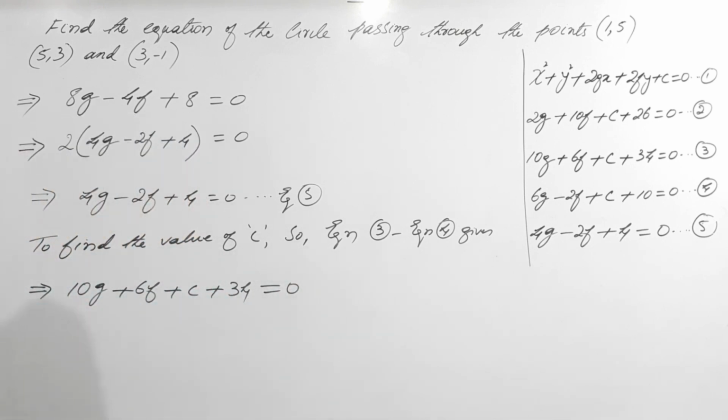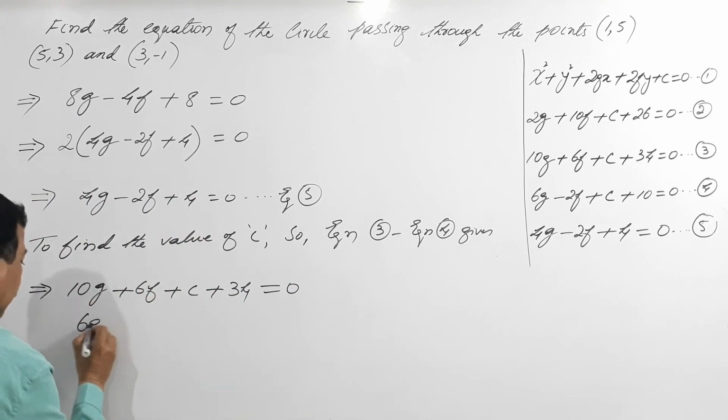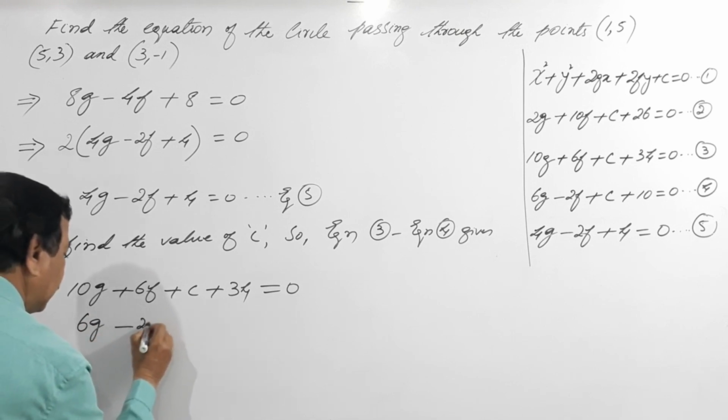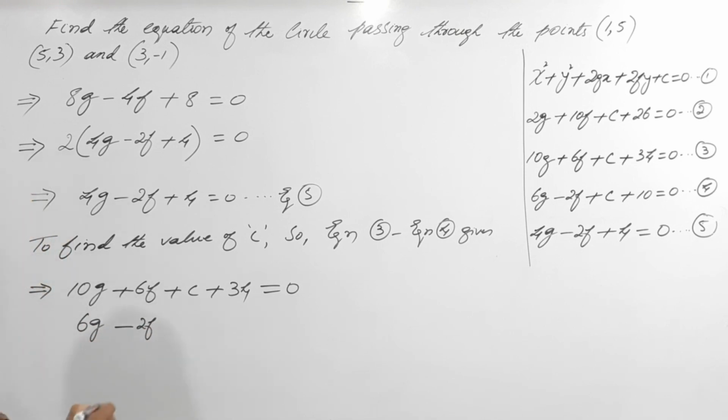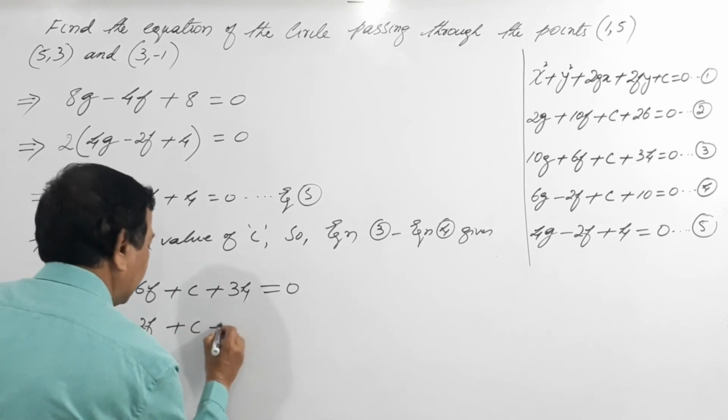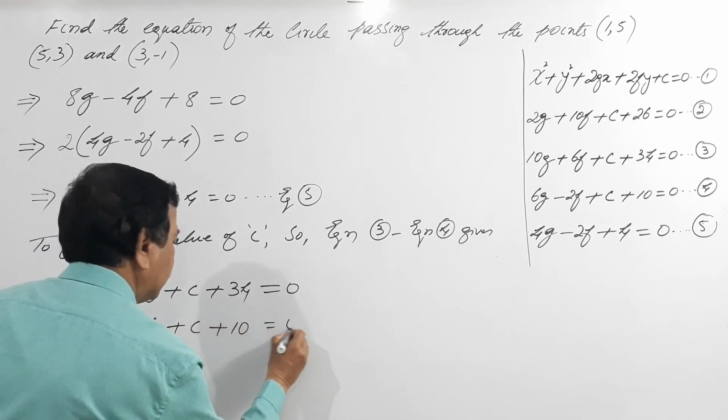Right, and equation 4 is 6g minus 2f plus c plus 10 equals 0.